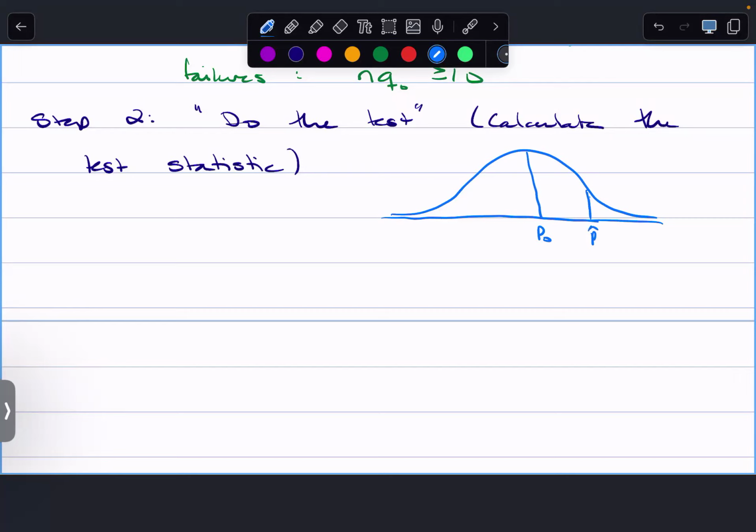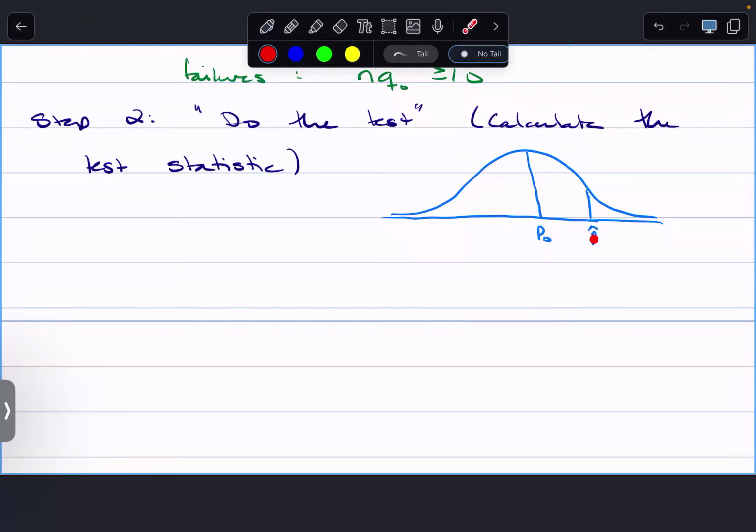If it's not very far from p naught, then we can say they're basically the same, and the null hypothesis stands. If they're far enough away from each other, then I have evidence against H naught, which says that the center is p naught.